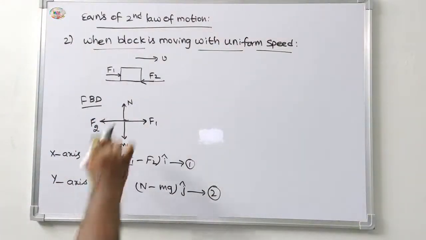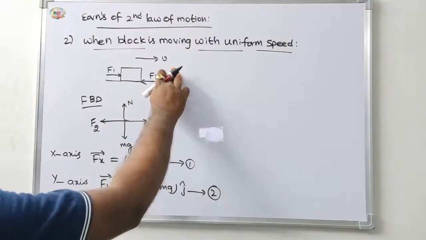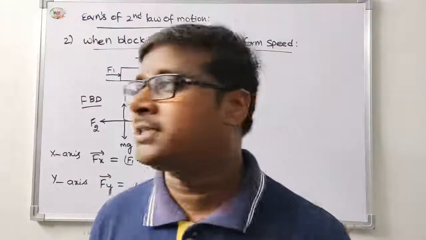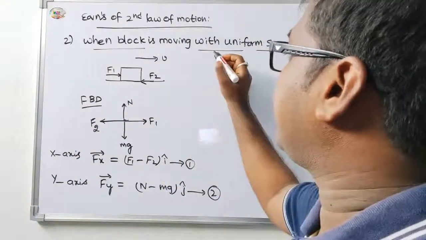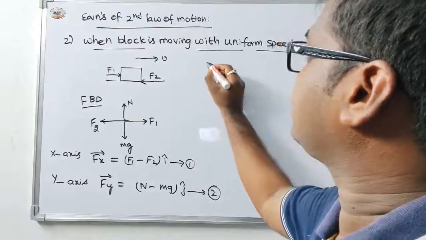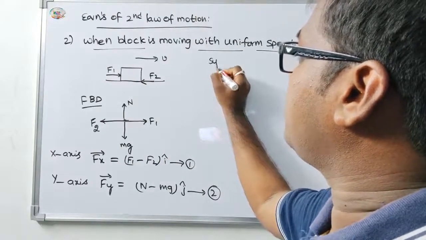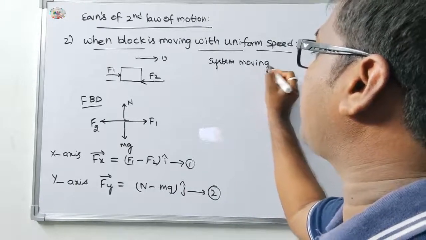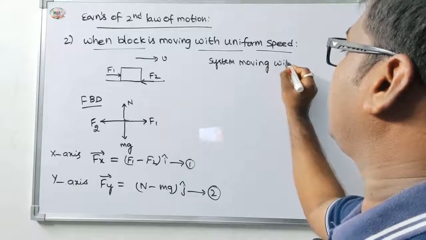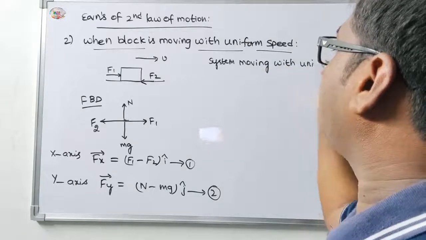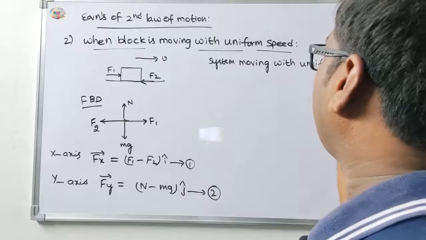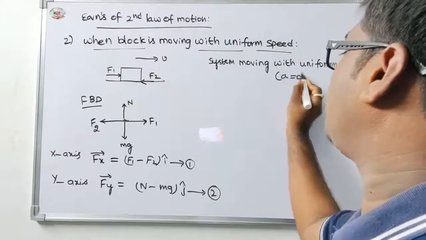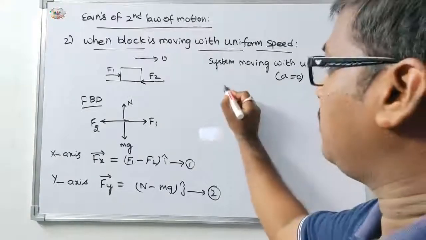As the system is moving with constant velocity, v means zero acceleration. As the system is moving with constant speed, that is uniform speed, or uniform velocity also, then acceleration is equal to 0.